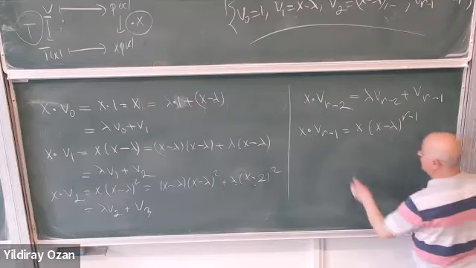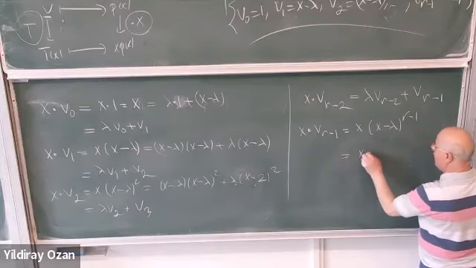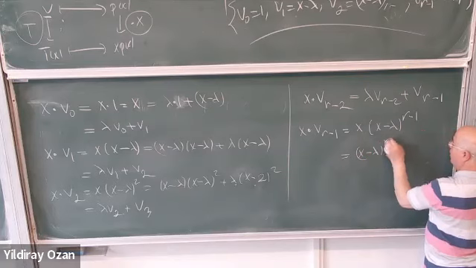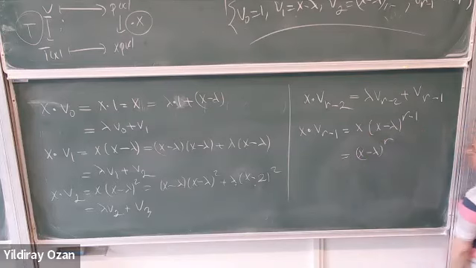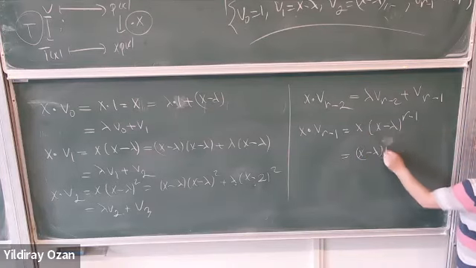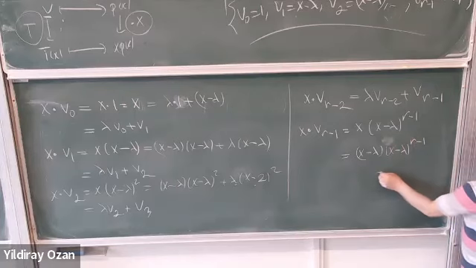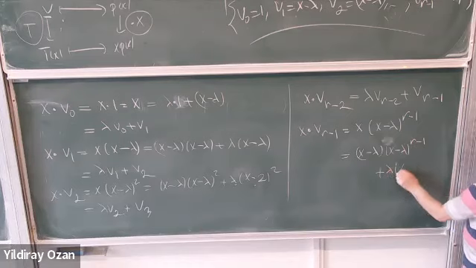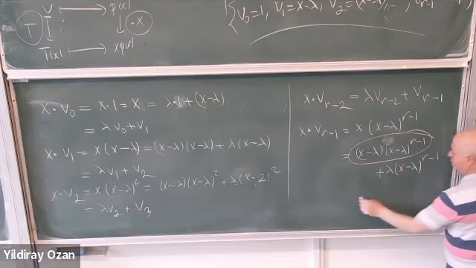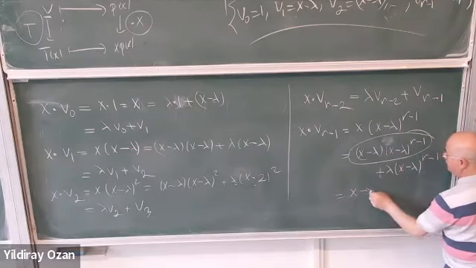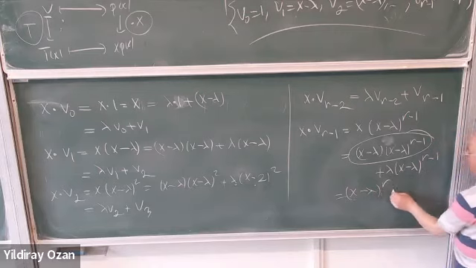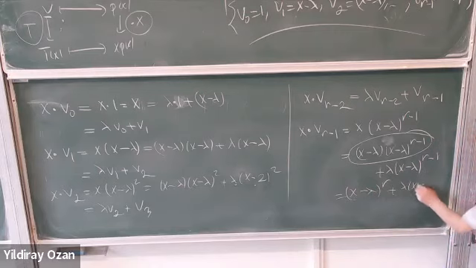Okay, now what is this? This is just x minus lambda to the power r. Let's say x minus lambda to the power r minus 1 plus lambda times x minus lambda to the power r minus 1. But this thing is just x minus lambda to the power r plus lambda times x minus lambda to the power r minus 1.